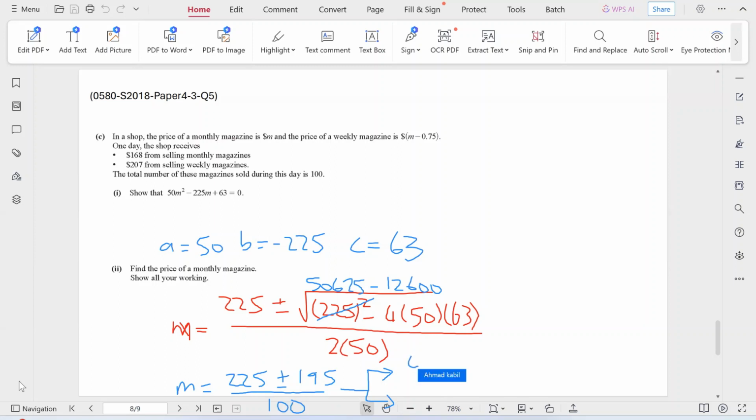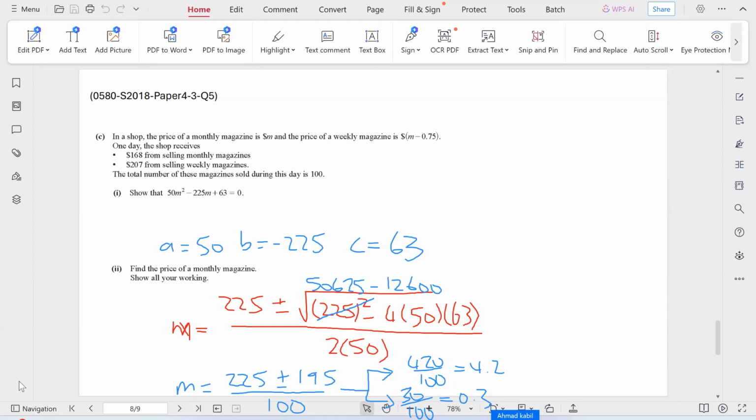So either it's 420 over 100, which is 4.2, or 225 minus 195, that gives us 30. So 30 over 100 is actually 0.3.